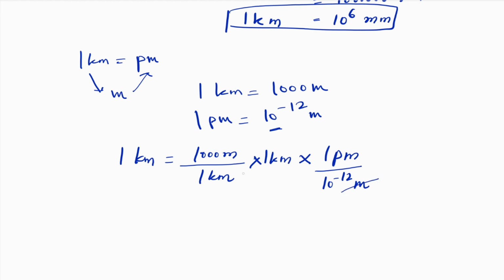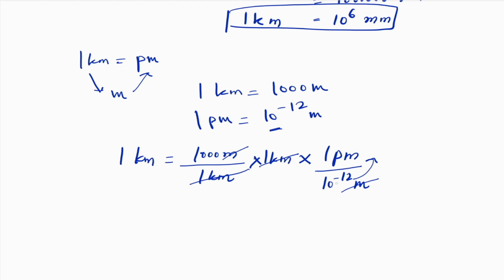Okay, meter and meter cancel, kilometers and kilometer cancel, and this will go to the numerator. If we take any denominator number to the numerator, or numerator number to the denominator, which is in exponential form, its exponential power sign is changed.